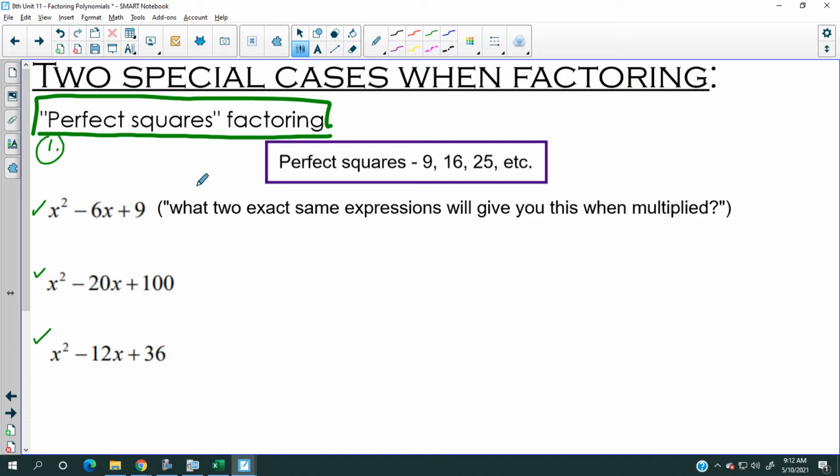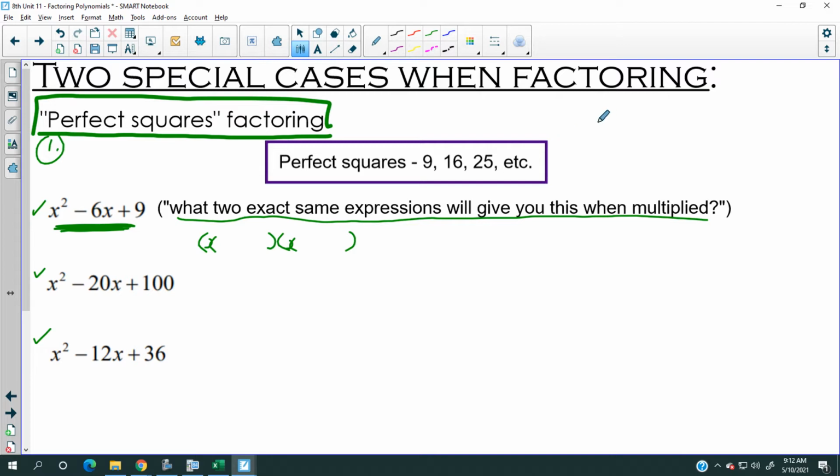So what does that mean? The question is something like this. What two exact same expressions will give you this when you multiply it using FOIL? So I'll write out what I mean. When you see these sort of questions, these quadratic functions, what you will realize eventually is that whatever your factors are, they're always going to be the exact same factors.